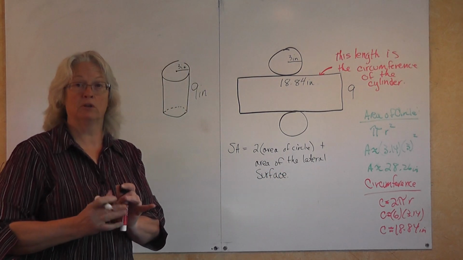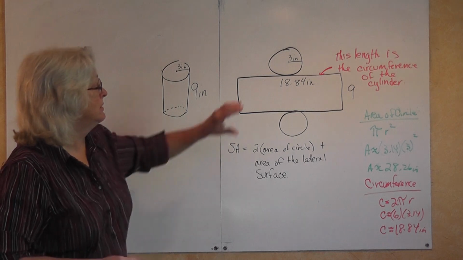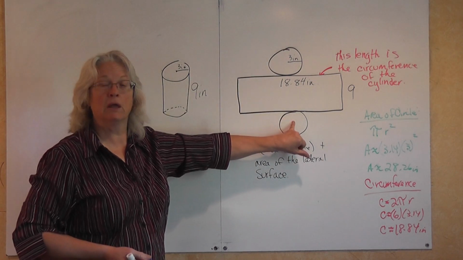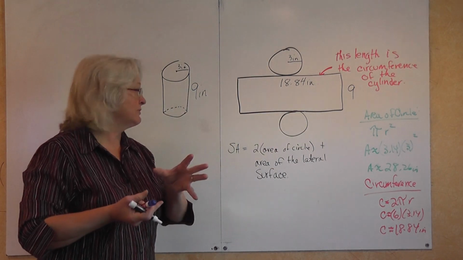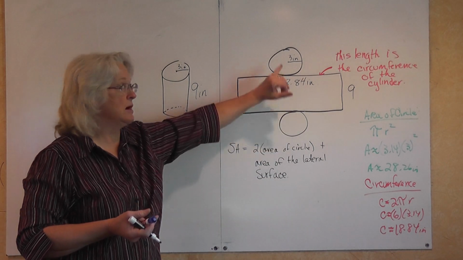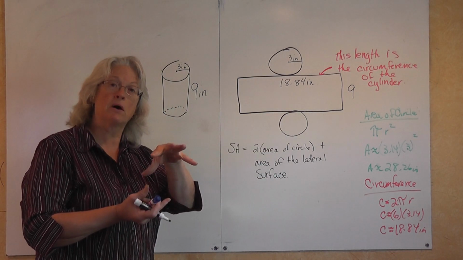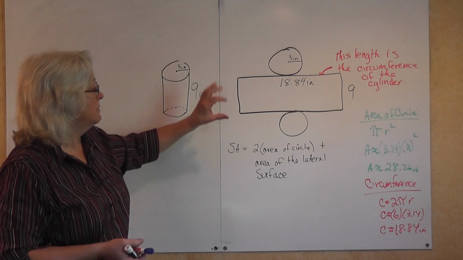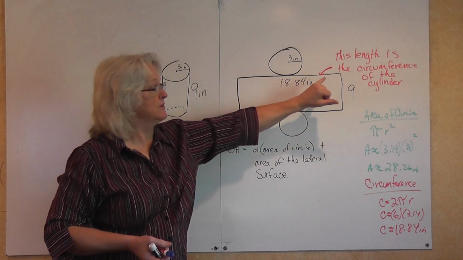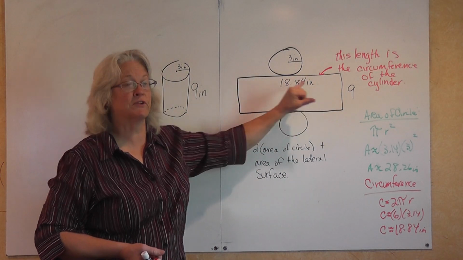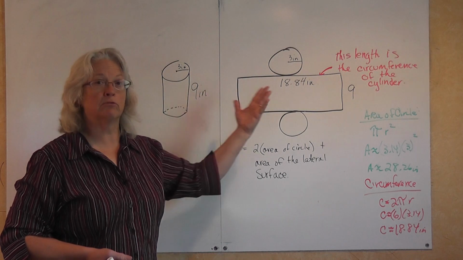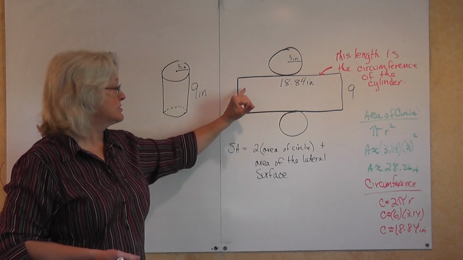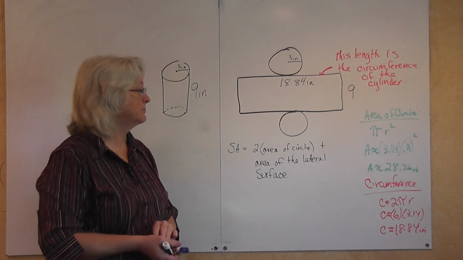Look at this and make sure you understand what's going on. The top and bottom of the can, so we have to find the area of that, so it's 2 times the area of the circle because the top and bottom is the same. Then we have the area of the lateral surface. What that lateral surface is, is the unwrapped label. So you have a rectangle here.